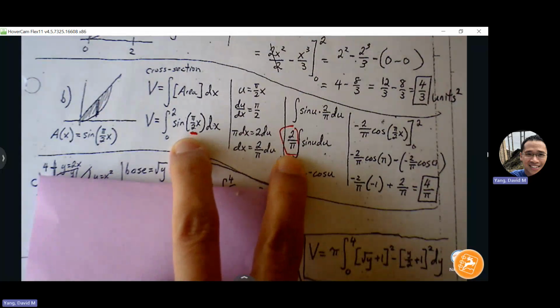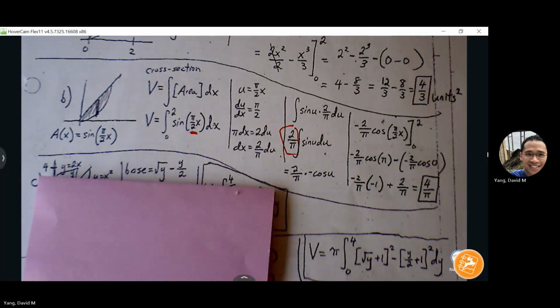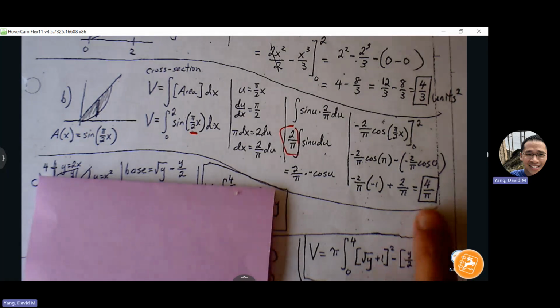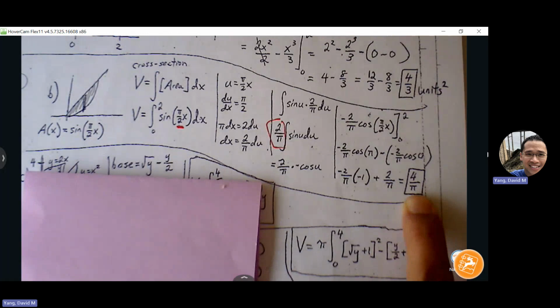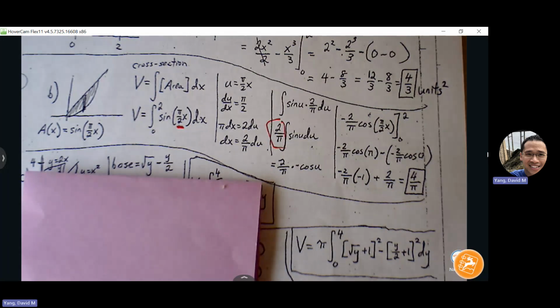So that's just a nice reminder of the fact that U substitution is chain rule, but going the reverse direction. So that's why it's not times pi over 2, it's times 2 over pi. But in your calculator, if you get a decimal version of this answer, that will be fine as well. So it's going to be like 1 point something.